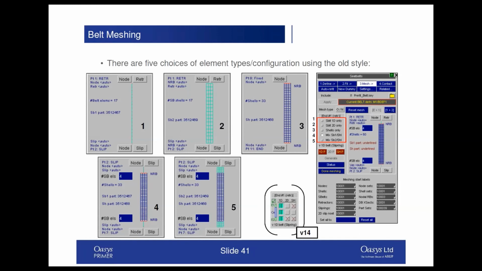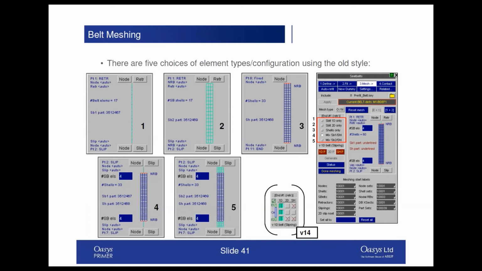So using the old style then, there are 5 element choices and configuration types that we had available to us. So that's shown on the screen there. We have 1, 2, 3, 4, 5. Number 1 would be one-dimensional seatbelt elements only, so 1D seatbelts. The second choice would be 2D seatbelts.